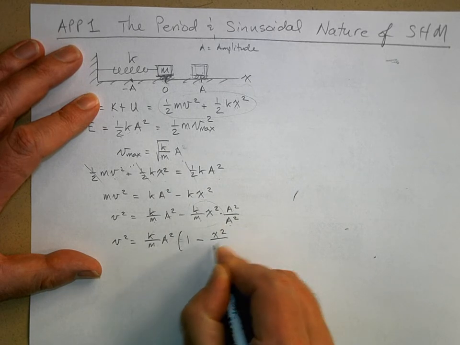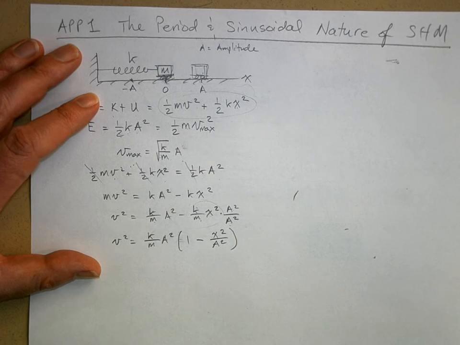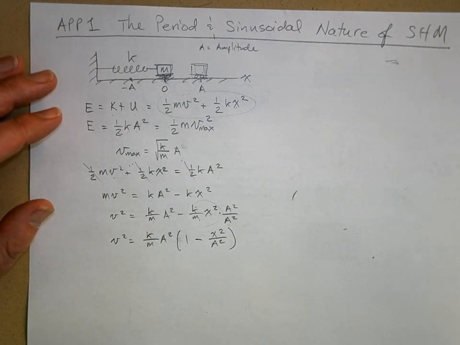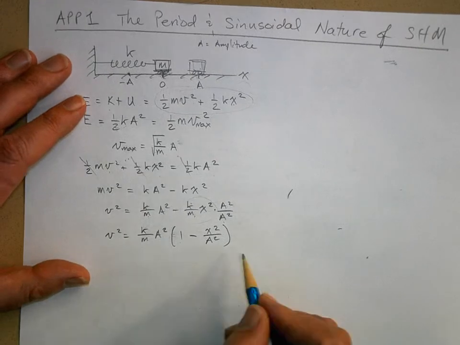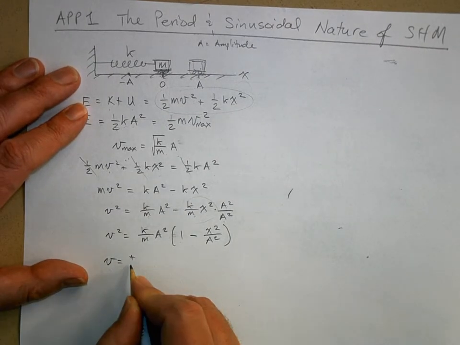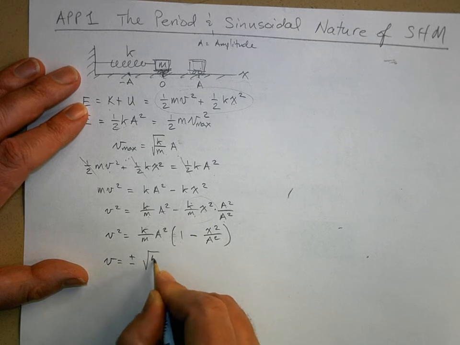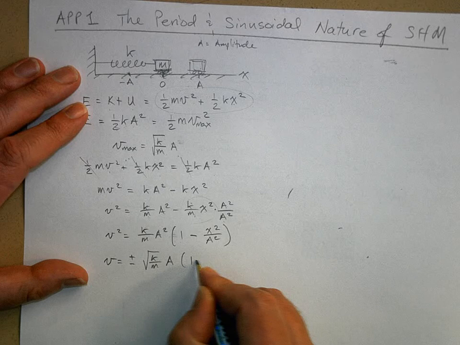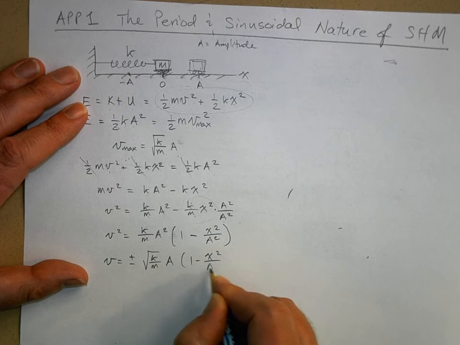An x squared over a squared. Now I'm going to solve for v. So v equals, take the square root of both sides, plus or minus the square root of k over m times a times 1 minus x squared over a squared.